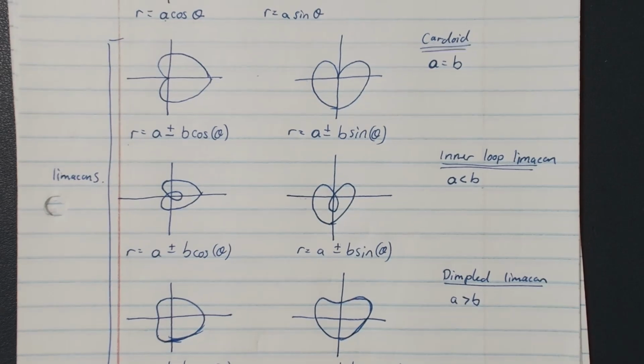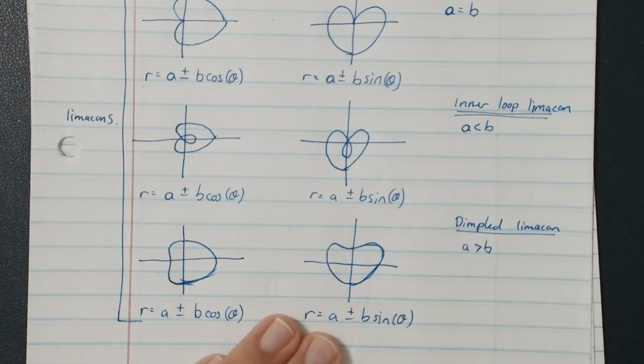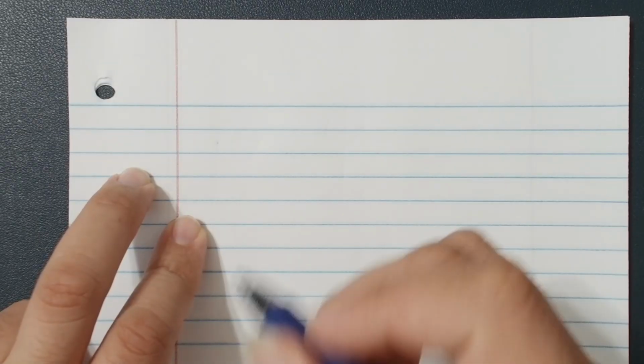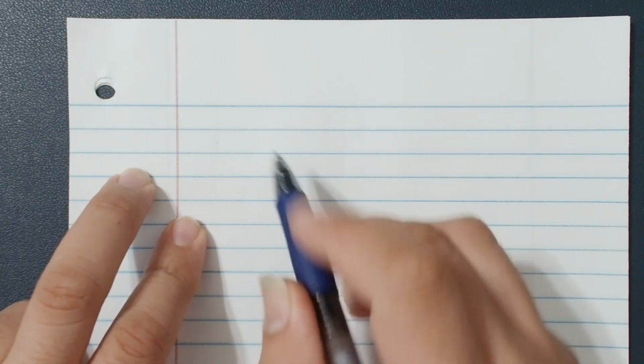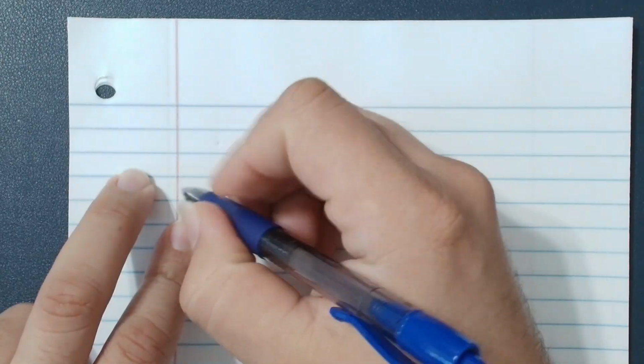Okay. All right, so circles, limaçons, three varieties. The next type that we're going to look at is what's called a rose. Roses are going to be separated into two different categories here, and it has to do with the number of what we call petals. So let's see.